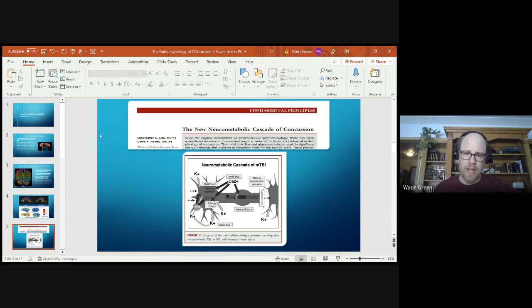Now, you'll see we have this neurometabolic pump that controls essentially sodium and potassium, but the influx of calcium disrupts that pump, right?